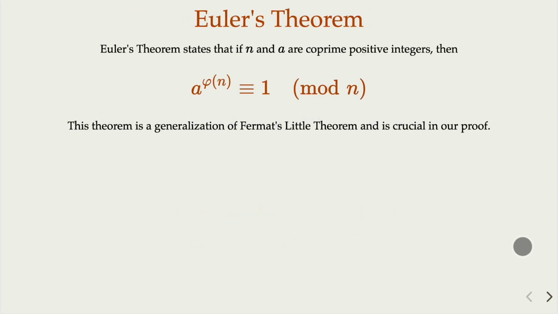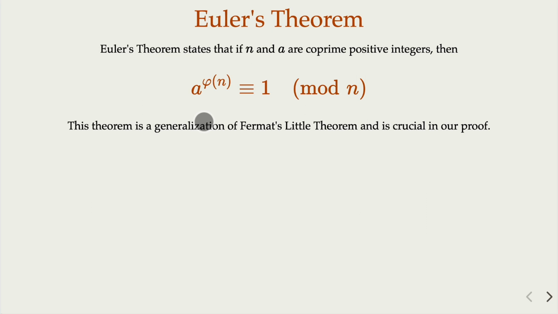Here we're saying that if the integers n and a are co-prime, that is, they do not share common factors, then for the modulus n, a raised to phi of n is equal to 1. It's a generalization of Fermat's little theorem, and that's the main result we're going to rely on for today's problem.